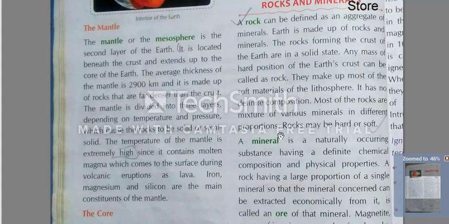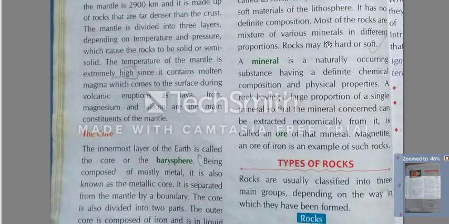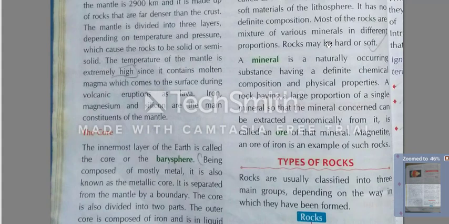Its nature also changes. It may be hard or it may be soft. It depends on the physical reaction and the chemical reaction of the hardness and softness of the rocks. Clear? Yes, very.